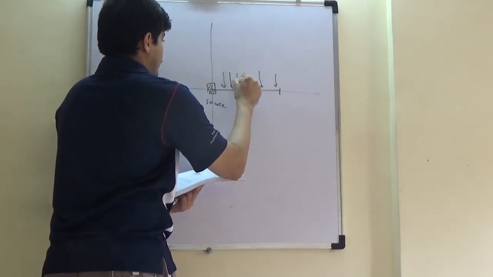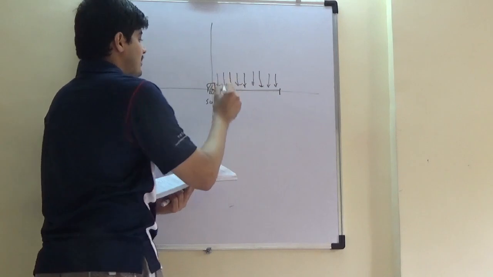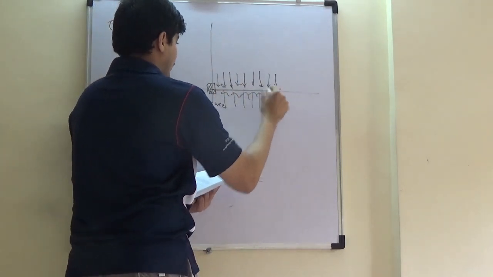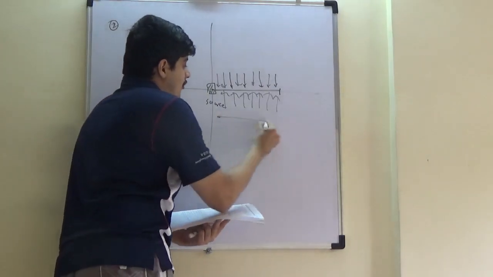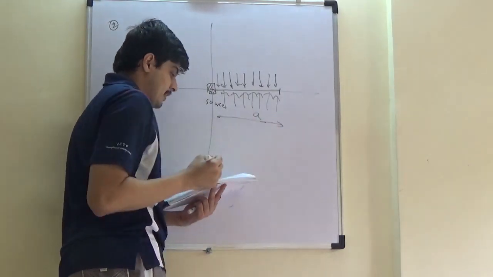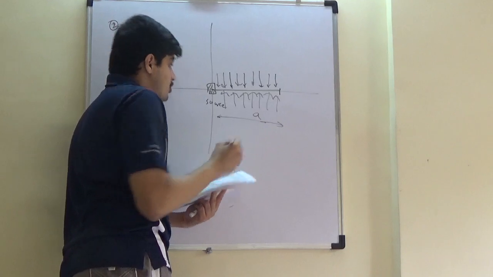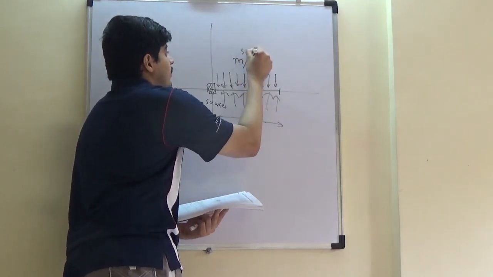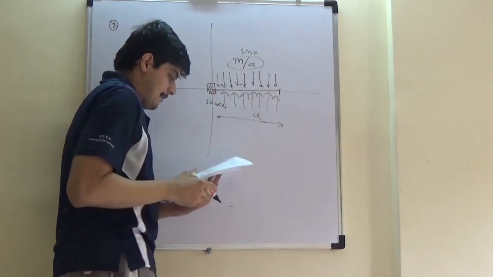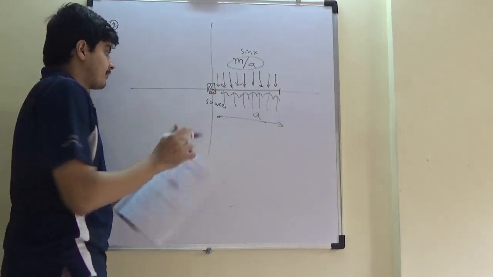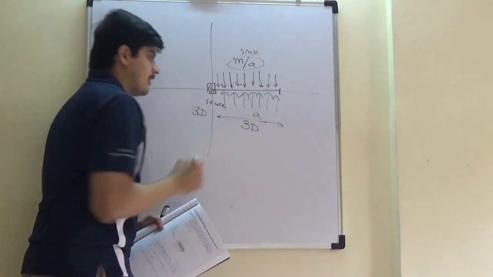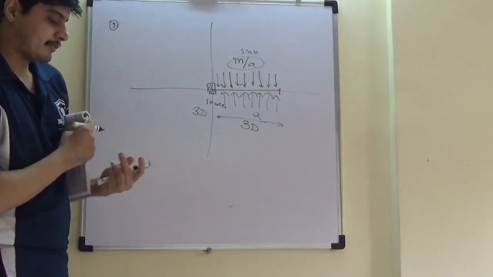So it is a sheet of infinitesimally small sinks placed next to each other, a continual sheet of length A, such that the strength per unit length of the sink is m upon A. Okay? The source is three-dimensional and the sink is three-dimensional.